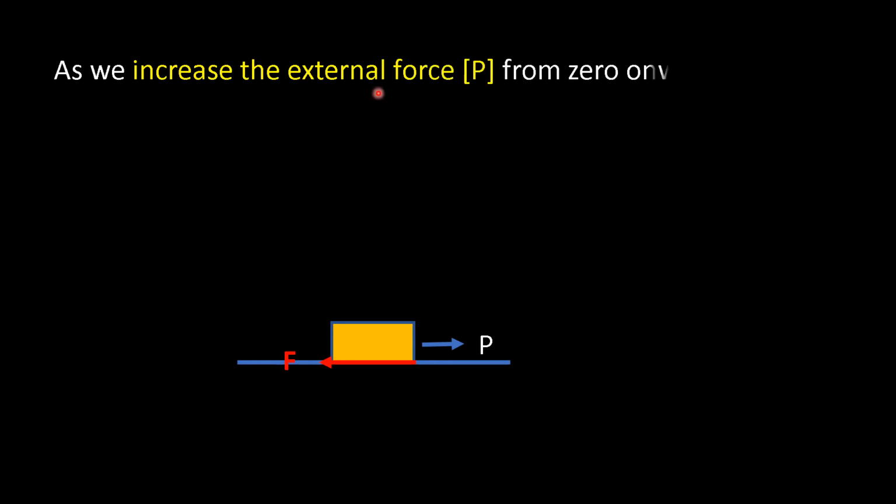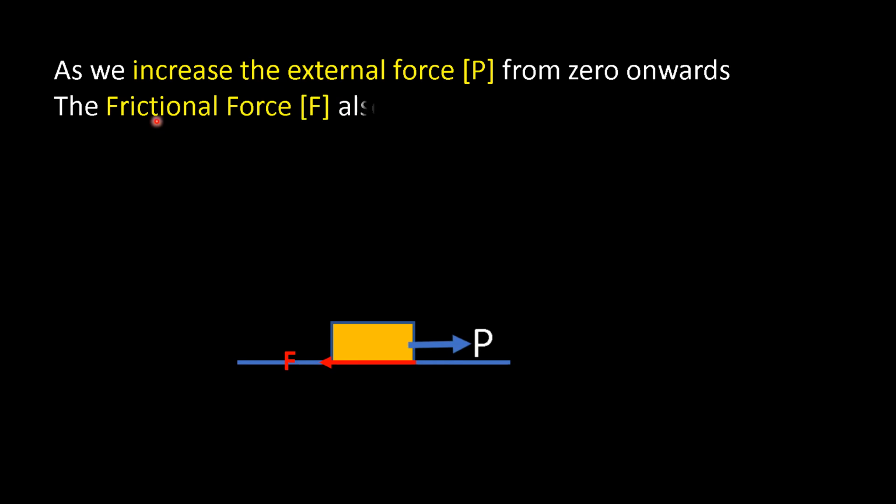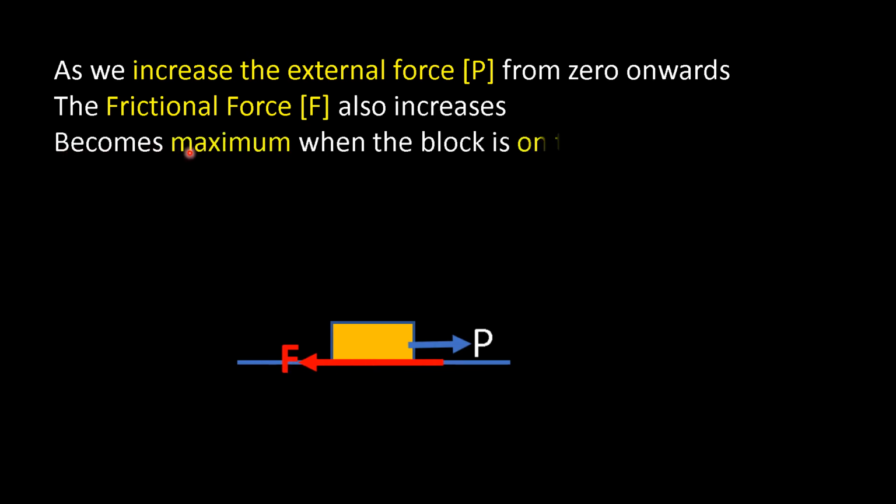As we increase the external force P from 0 onwards, the frictional force F also increases. It becomes maximum when the block is on the verge of motion.